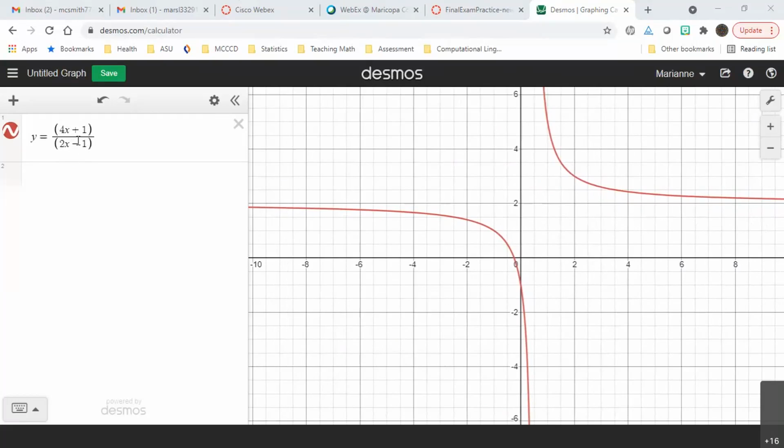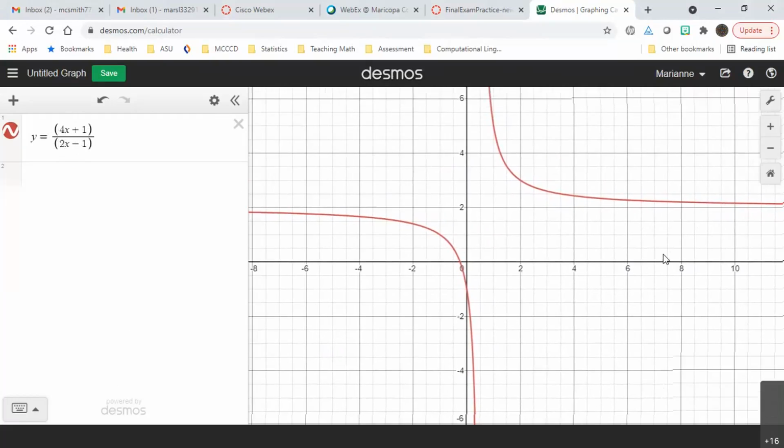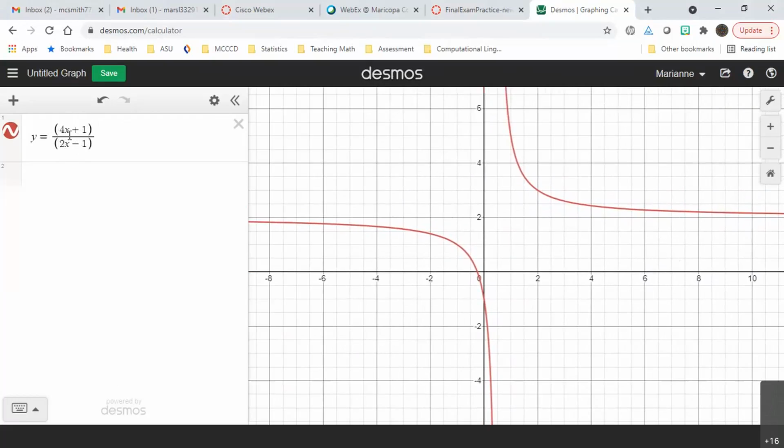These match, they're both linear. If the degrees match, you just look at the ratio of leading coefficients. 4 divided by 2 is 2. y equals 2 is my horizontal asymptote. So I technically didn't have to graph it, but it's real easy to see on Desmos.